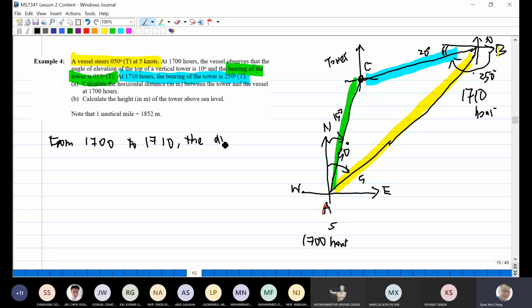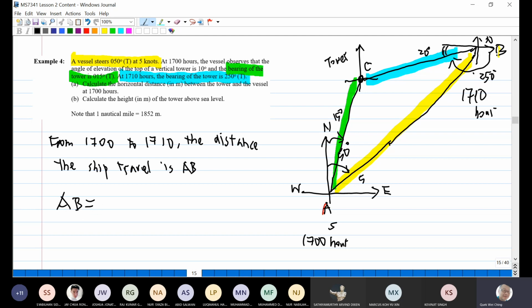The distance the ship travels is AB, right?